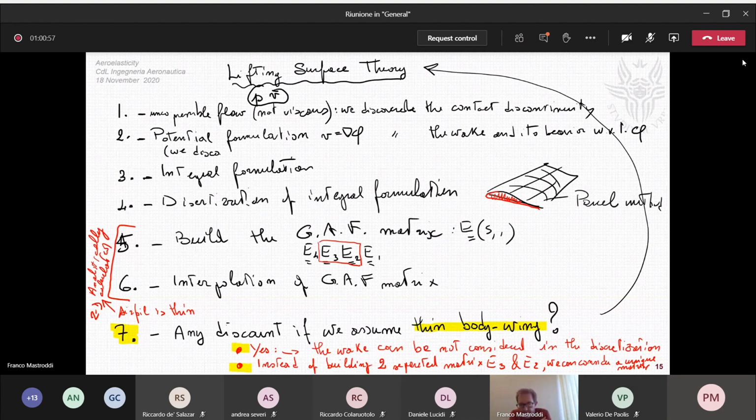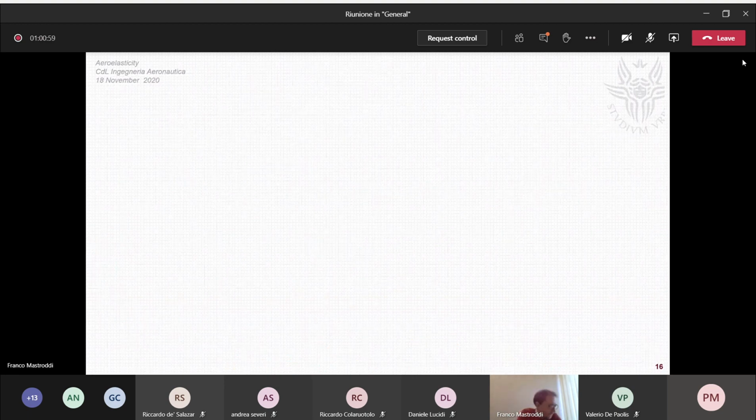This part here can be phrased as the following. Let's consider now a body, a thin body. A thin body is something like this. This is the wing.